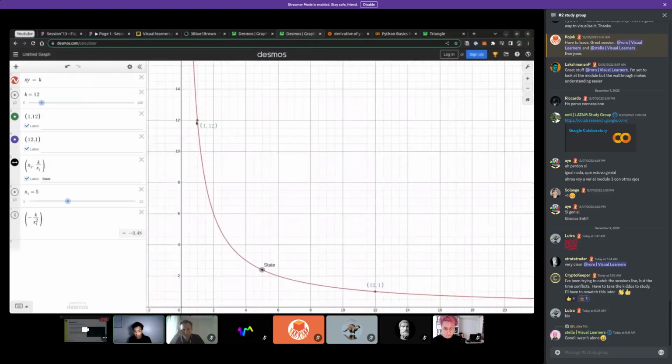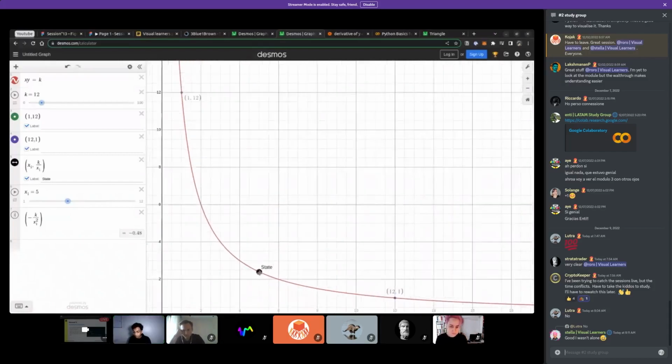I'll take this point and this point and draw a line through them. This line itself could be the slope, but we can do better. We can take points closer and closer until we get to the point where we want to find the slope.